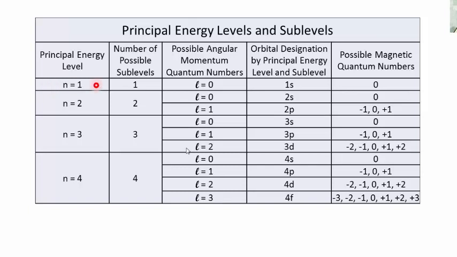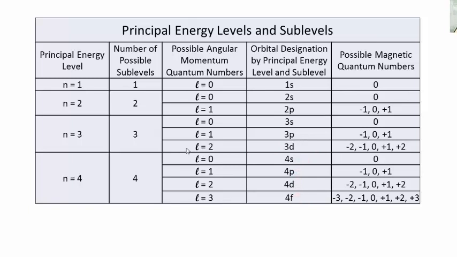So this is an s orbital at energy level 1. At energy level 2, we have an s orbital and we can also have a p orbital. Energy level 3, we can have an s, a p, and a d. Energy level 4, we can have an s, p, d, f.